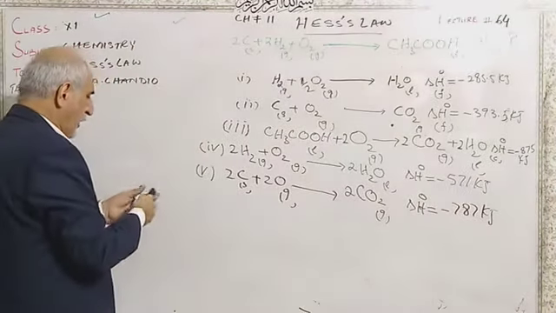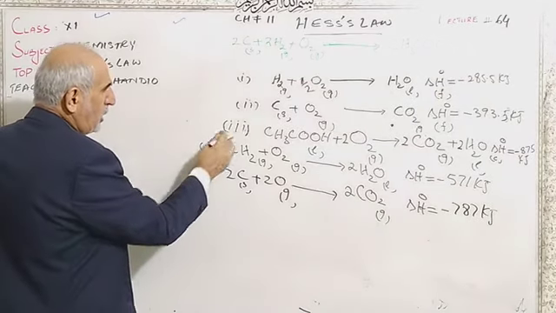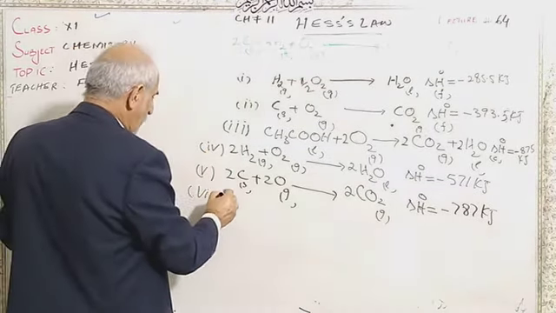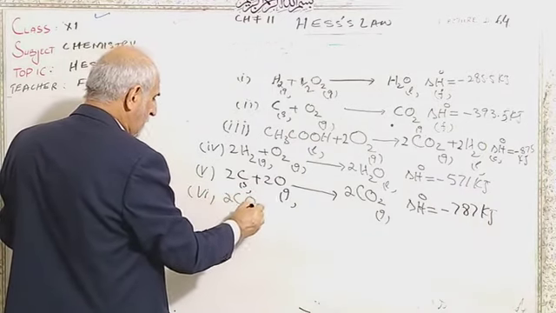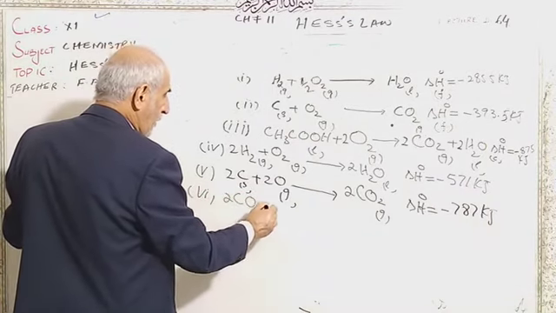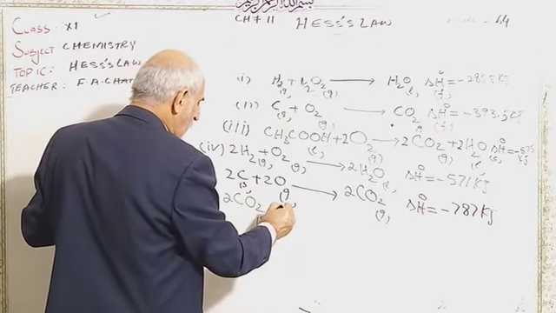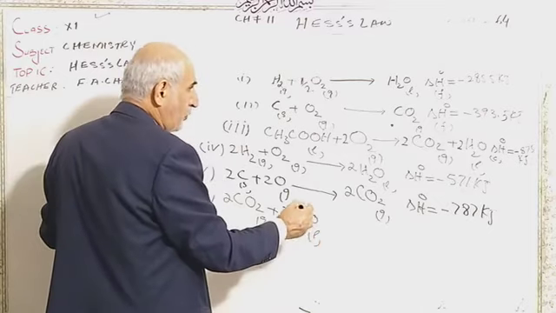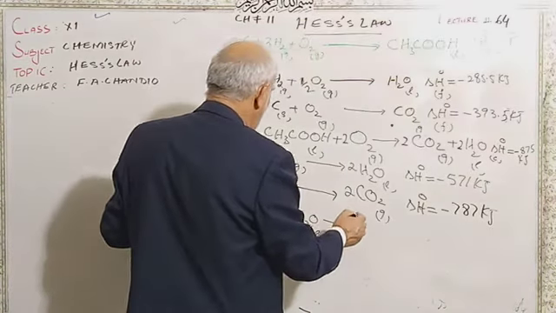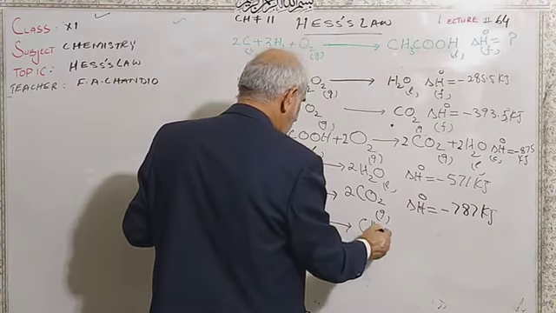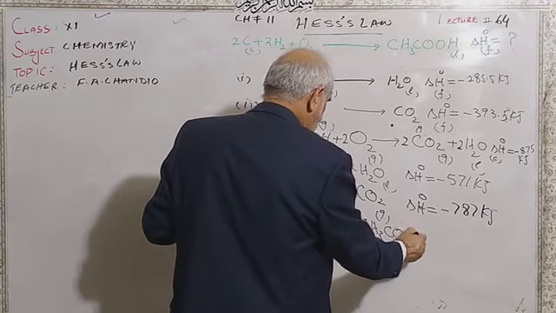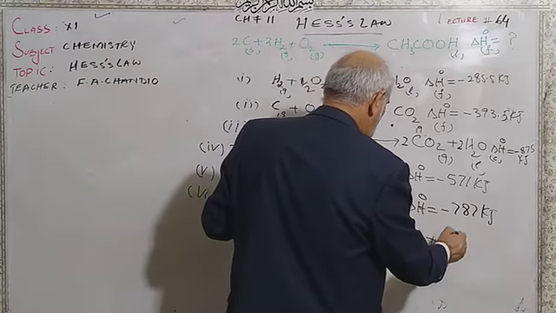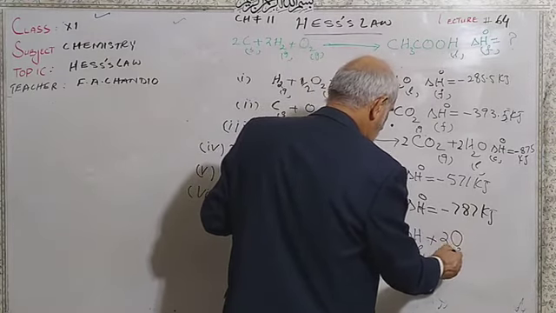By reversing equation number 3 to make the 6th equation, 2 moles of carbon dioxide gas and 2 moles of water liquid produce 1 mole of carboxylic acid, acetic acid in liquid form, and 2 moles of oxygen gas.